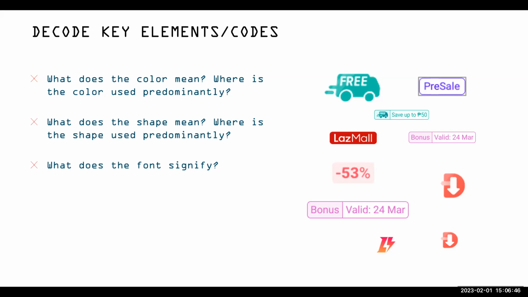What does the shape mean? What does the font mean? And there are a lot more elements that you have to look at. I've just listed three here, but even the depth, the intensity, the edges, the precision of the edges, all of these, you try and understand and see what does it convey to people, and what is the meaning that it is creating.